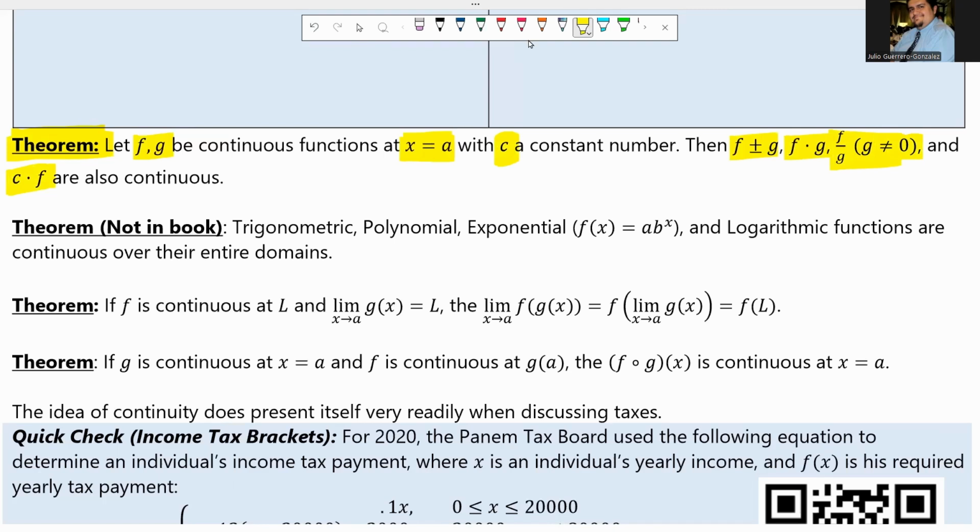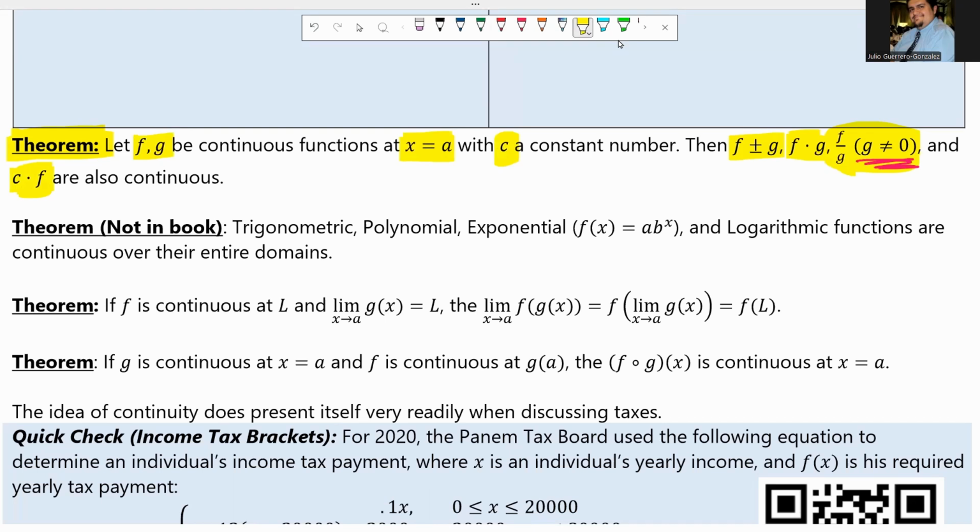If you have two continuous functions, the addition or the subtraction of them is continuous. The multiplication of two continuous functions is continuous. The division of two continuous functions is continuous, provided that the bottom is not equal to 0. Funky things happen when you do that. And the last one is that a constant value times a continuous function is continuous as well.